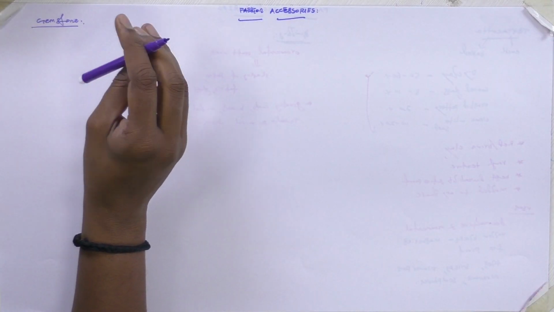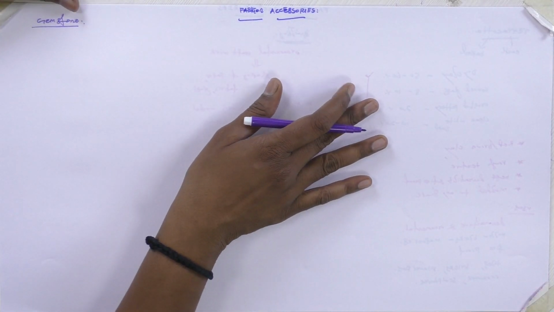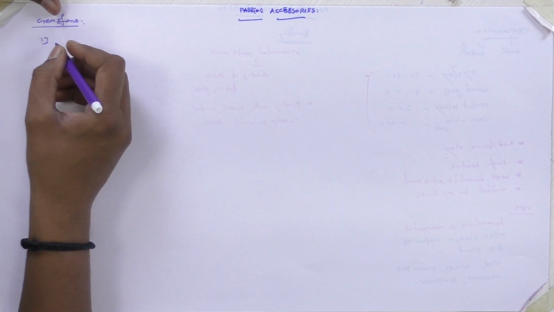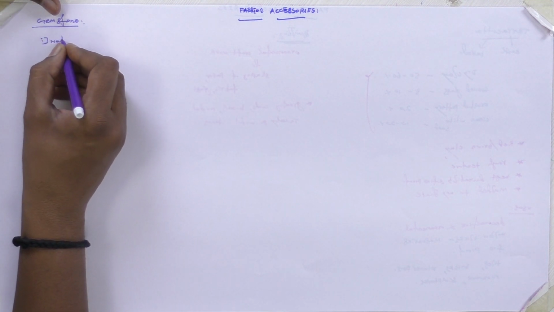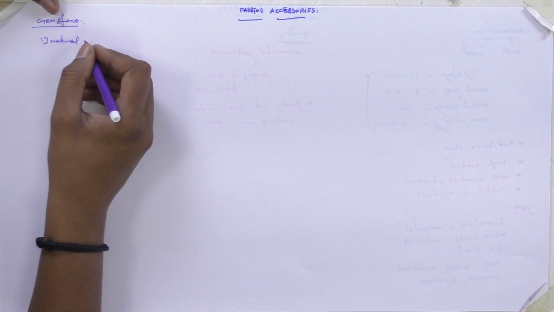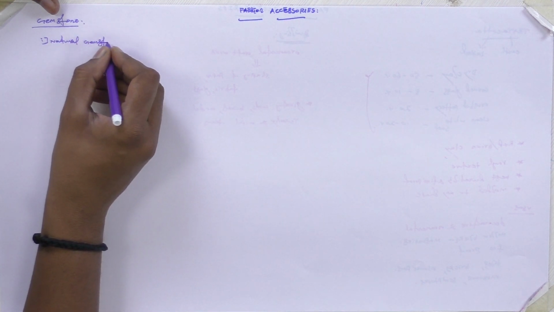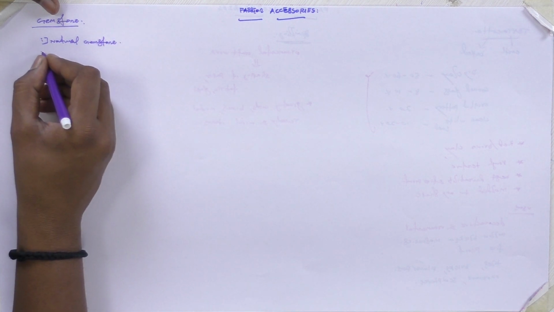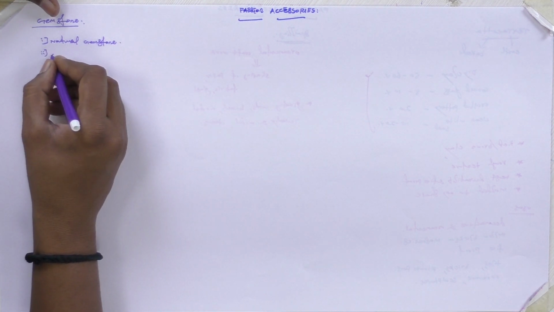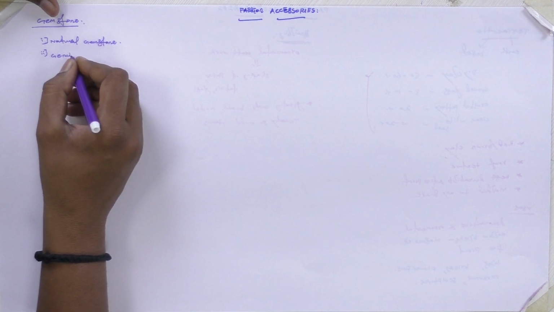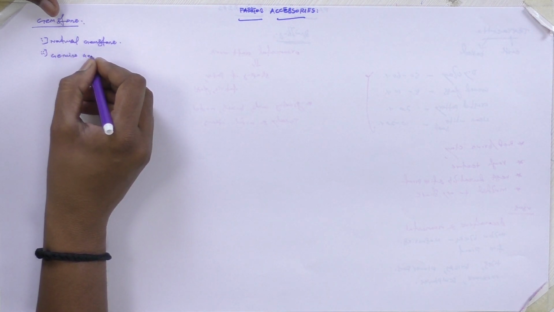Okay, what are the different types of gemstones? The first one is natural gemstone. The second one is genuine gemstone.